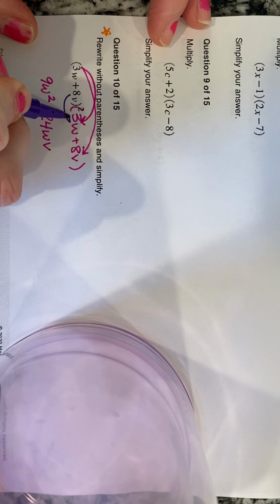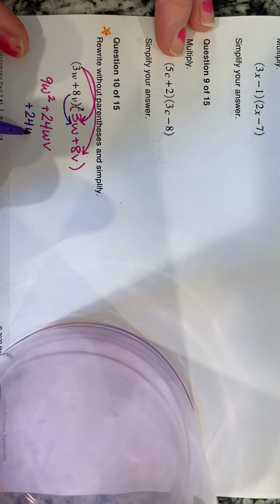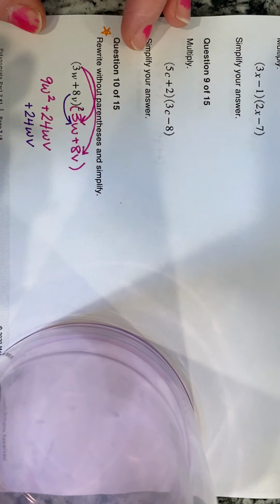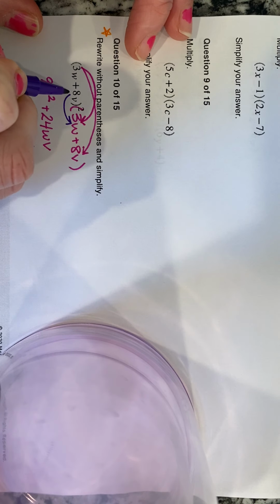All right. Then we're going to go to the 8v, and we are going to multiply it by 3w. And guess what? We're going to get 24wv again. Doesn't matter. You can put the letters in either order. Since we did wv on the first one, we do wv on the second one.